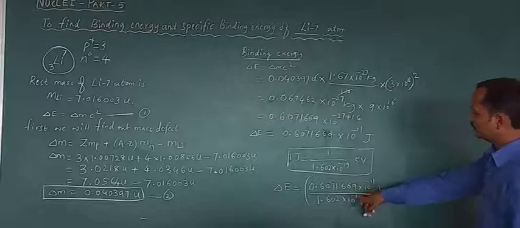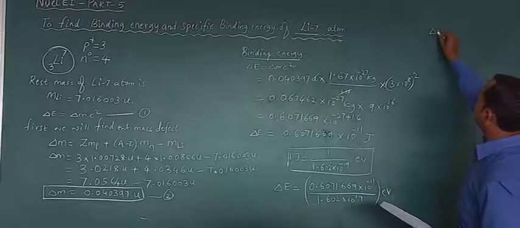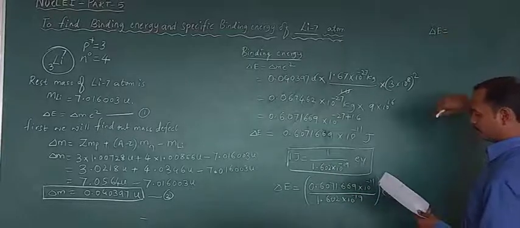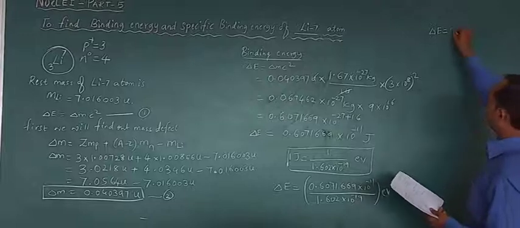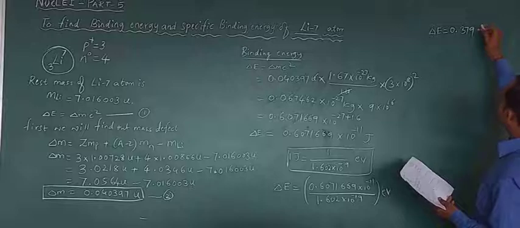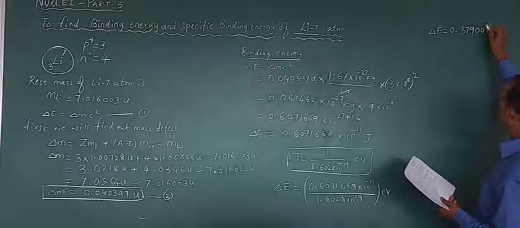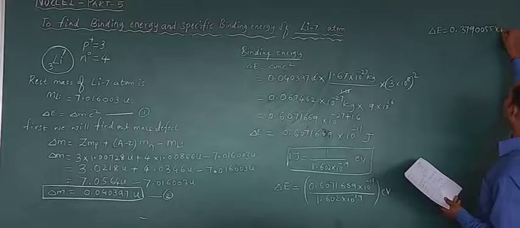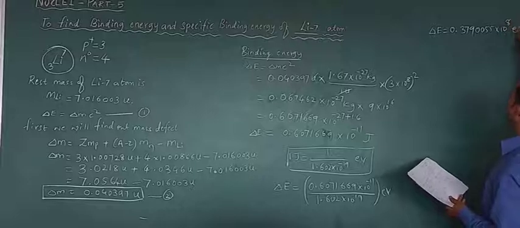After calculation, the binding energy delta E equals 0.3790055 times 10 to the power of 8 electron volts.